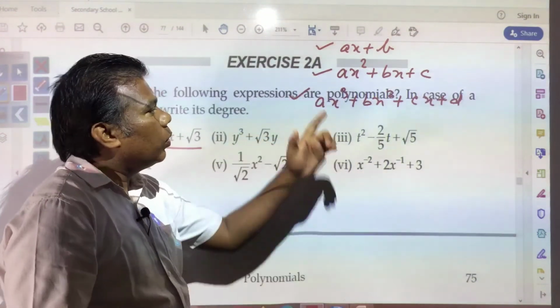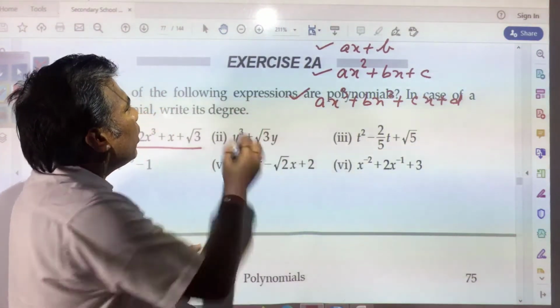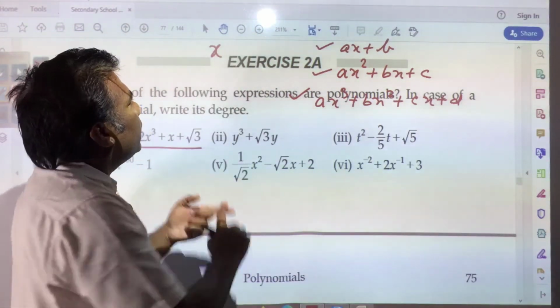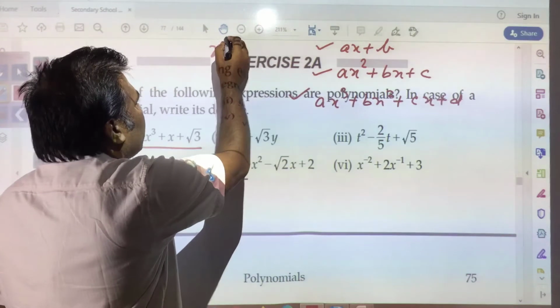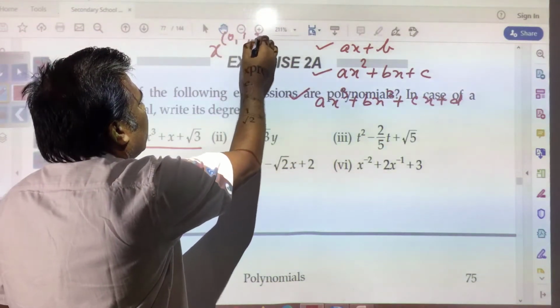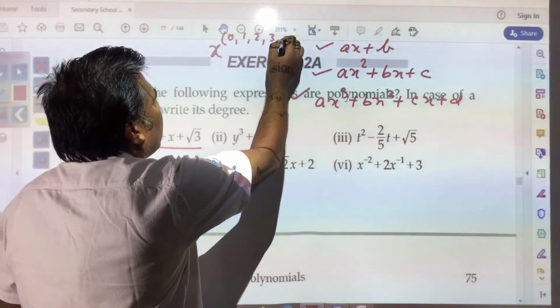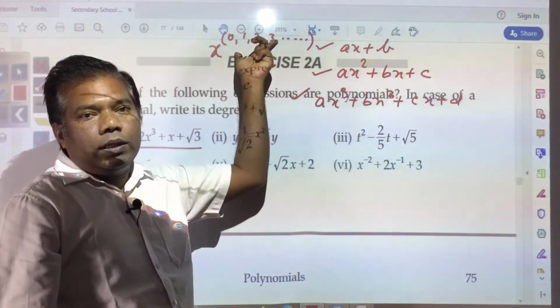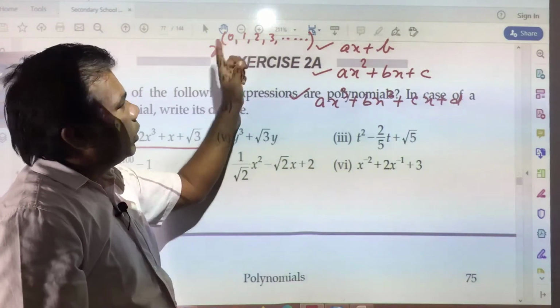So, only one thing you need to remember, the power of x must be a whole number. It means the power of x may be 0, 1, 2, 3 and so on. So, this must be a positive integer, or it may be 0 also.